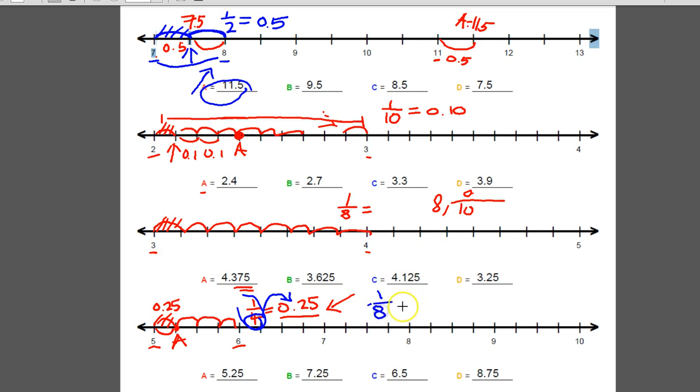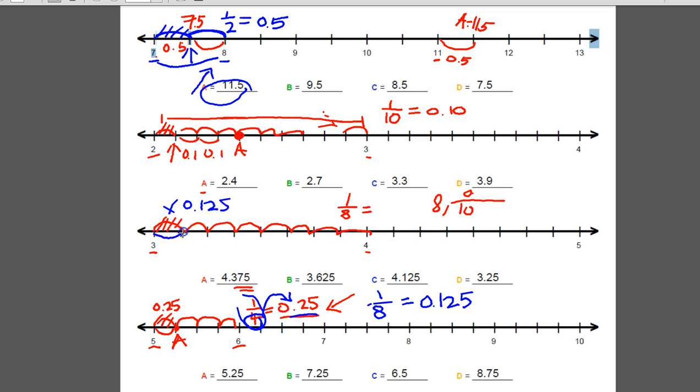If I split the gap into 4 pieces, each piece is 0.25, yes? Now, we are trying to find the decimal value if I split that further into half, which is 1 over 8, isn't it? 1/8 is actually half the value of a quarter. So therefore, all we need to do is split 0.25 into half, which is 0.125. So each of these is 0.125.